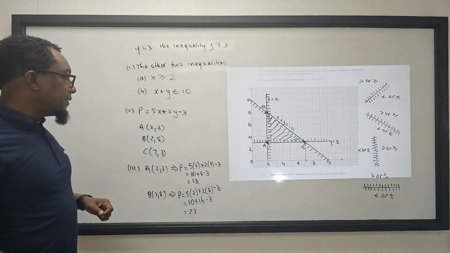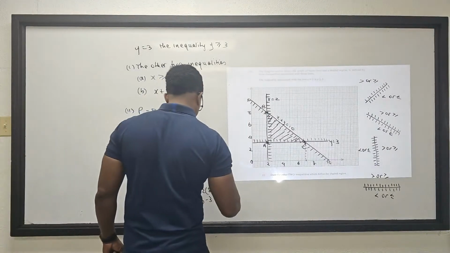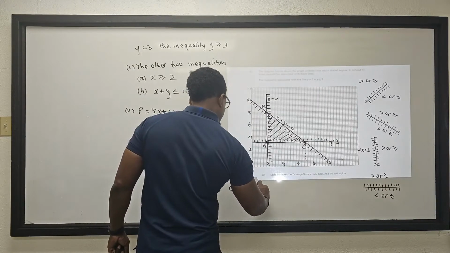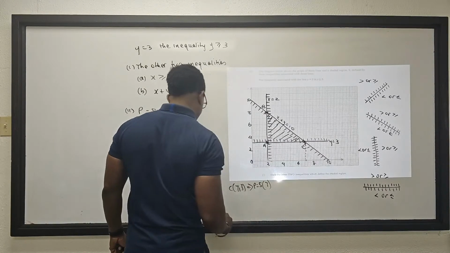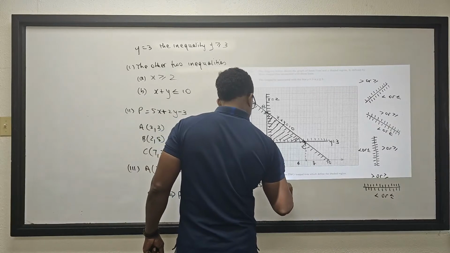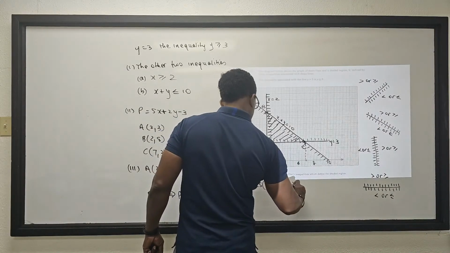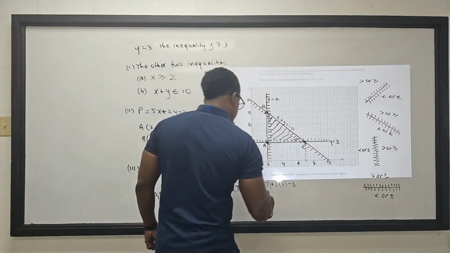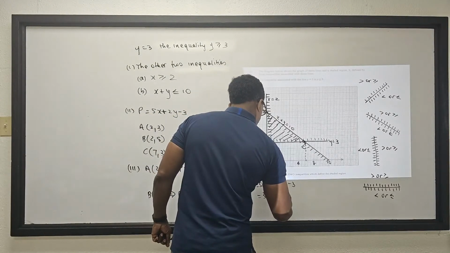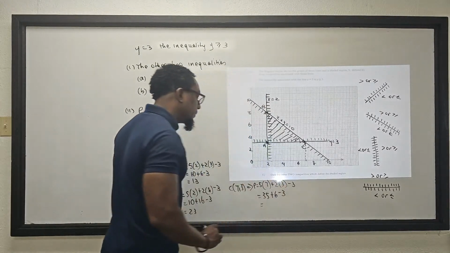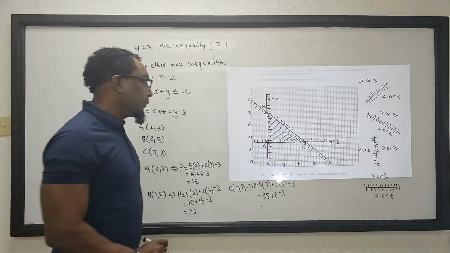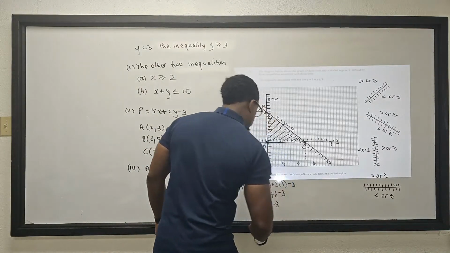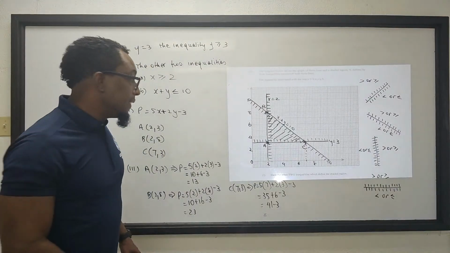And when it's C, 7, 3, we're going to get P is equal to 5 times 7 plus 2 times 3 minus 3. 5 by 7 is 35, plus 6 minus 3. 35 plus 6 will give us 41, minus 3, which will give us 38.